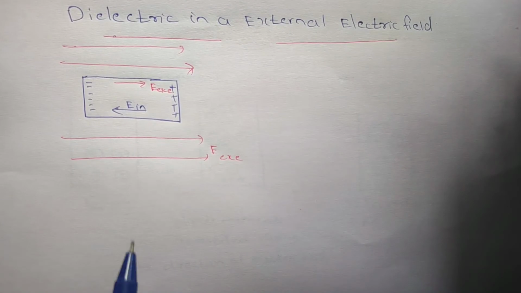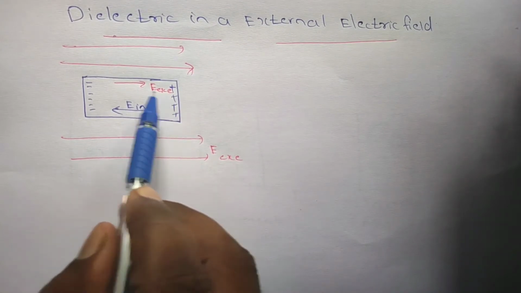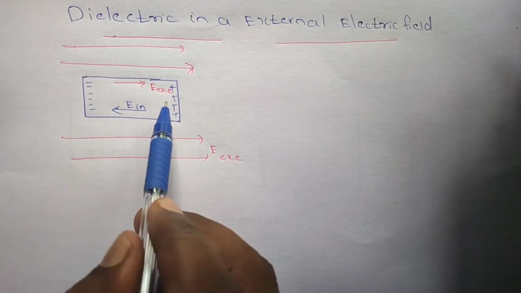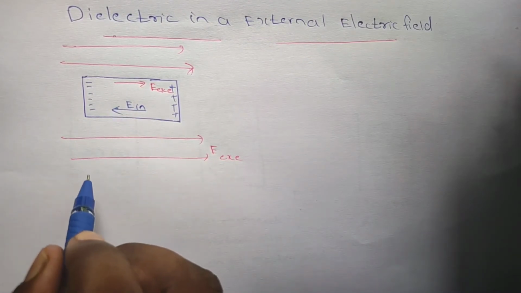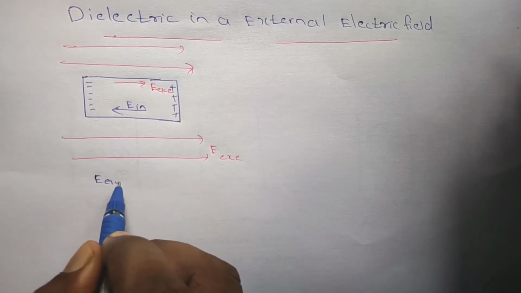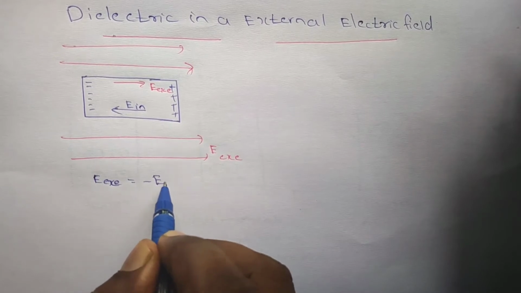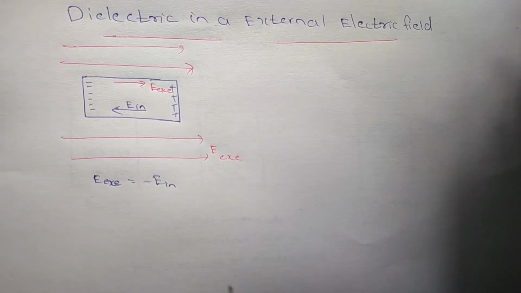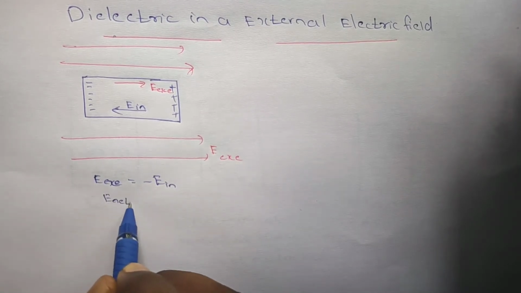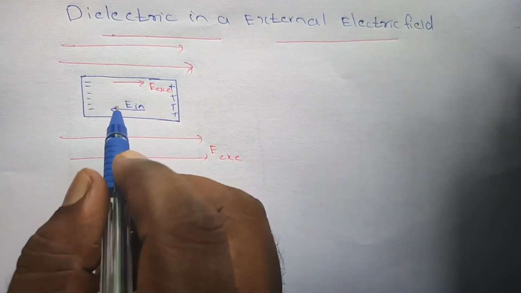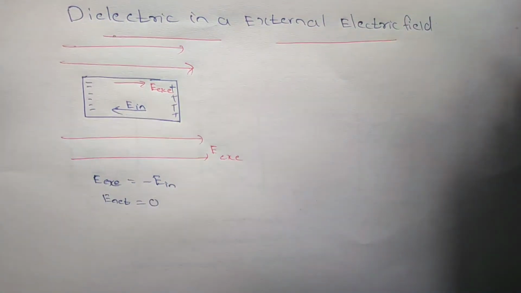This redistribution of electric charges continues until E external is equal to E inside. They are in opposite directions, so the net electric field inside a conductor is 0. That is the case of a conductor.